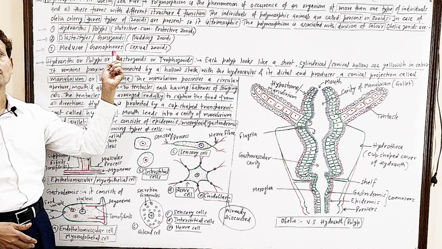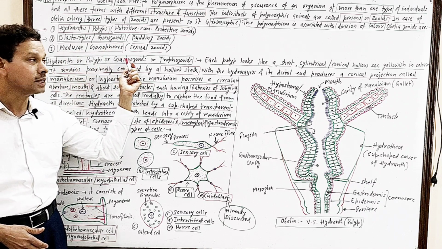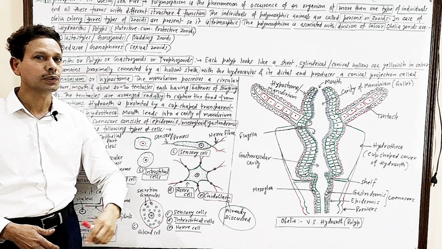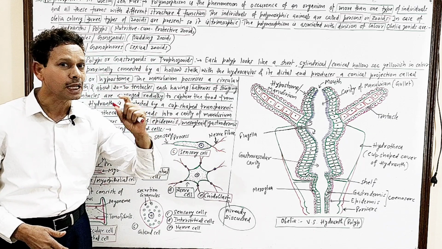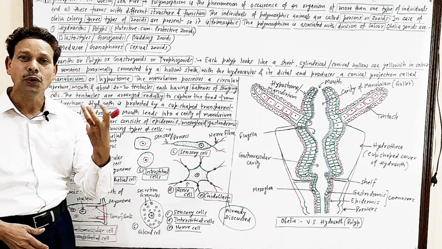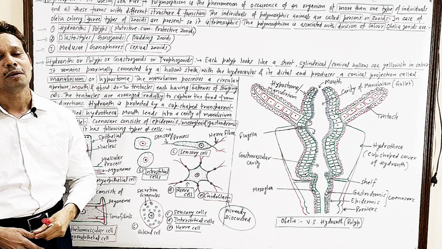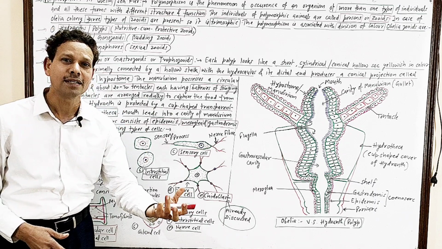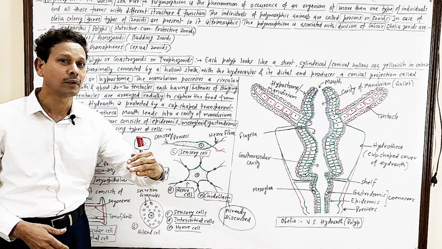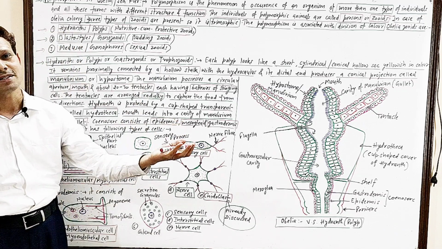These are the third type of zooids, the medusa, gonophores, sexual zooids. Gonophore means the individual possesses gonads, which are external.